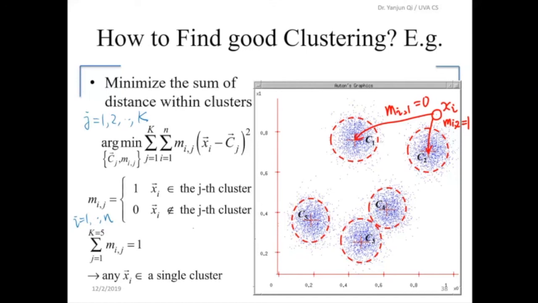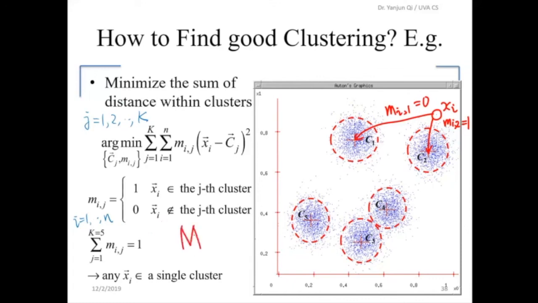There are a total of K centers C sub k to look for. And Mij is actually a matrix, an n times K matrix.